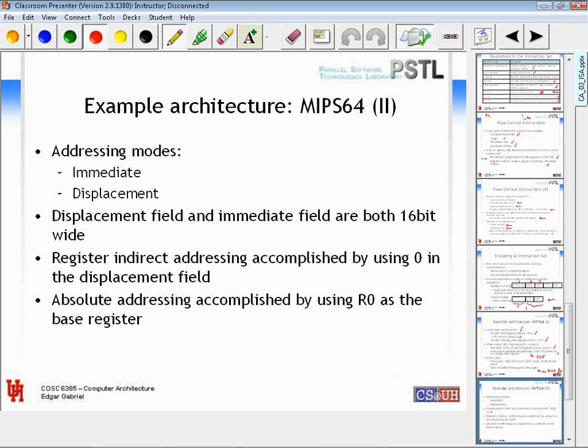Addressing modes supported by MIPS64 are the immediate and displacement modes, additionally to the register addressing. The displacement field and the immediate field are both defined to be 16-bit wide, which basically limits the constant that you can add to any of those addressing modes. The register indirect addressing is accomplished by using now the special register R0, since we know that it always contains 0.